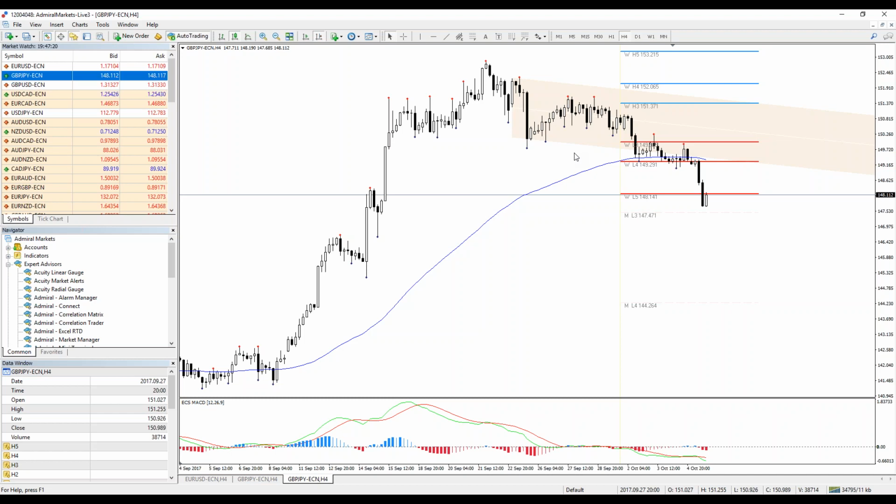Usually they use COG, center of gravity, or regression. But the main difference between the real regression that I showed you and this one is that this channel will not adapt to the past. Instead, when price changes direction, it will make a new channel.